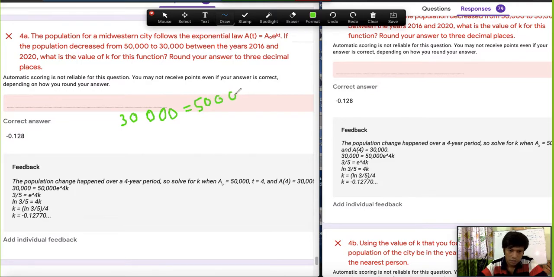Comma is not needed here; I just gave it to separate. Then e to the power k, the value of k we want to find out, and t equals how many years? 2016 to 2020. So how many years? 4 years here.